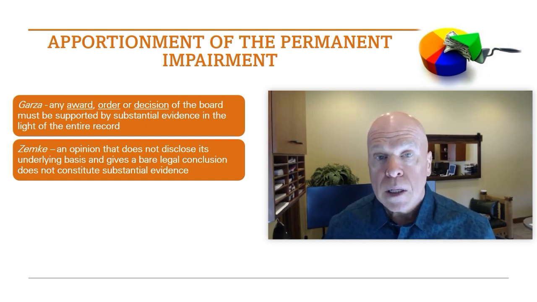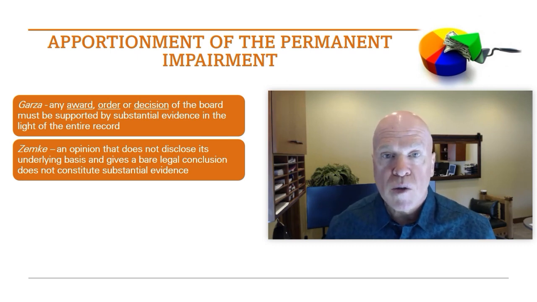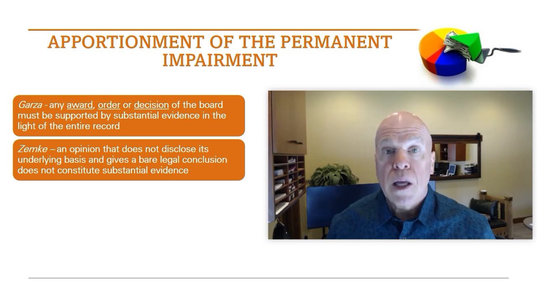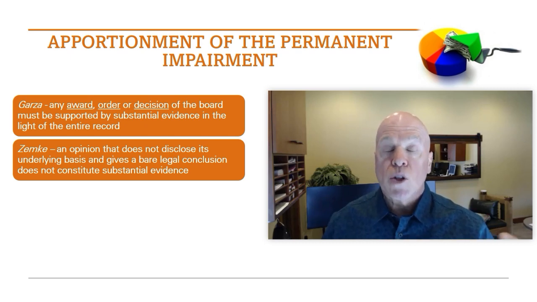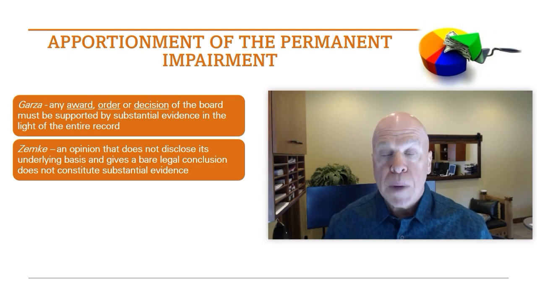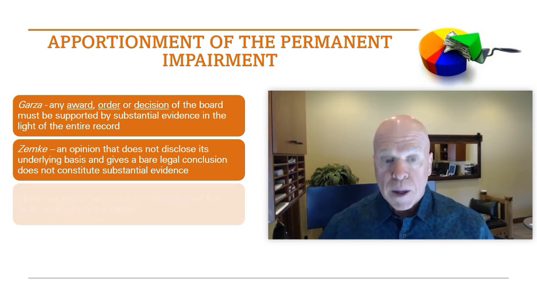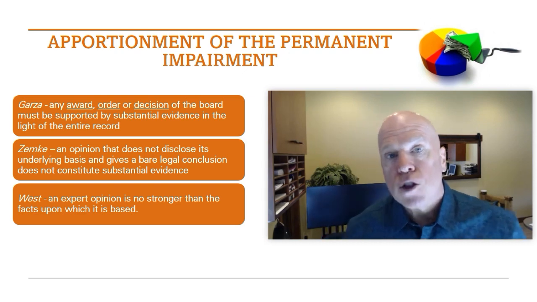In my opinion, 80% of the impairment is due to the industrial injury and 20% is due to other factors, period. That's the bare legal conclusion. So Cinchy tells us that the bare legal conclusion in and of itself, without some disclosure as to the underlying basis for the 80%, without some disclosure as to the underlying basis for the 20%, those percentages cannot be used because the opinion does not qualify as substantial medical evidence.